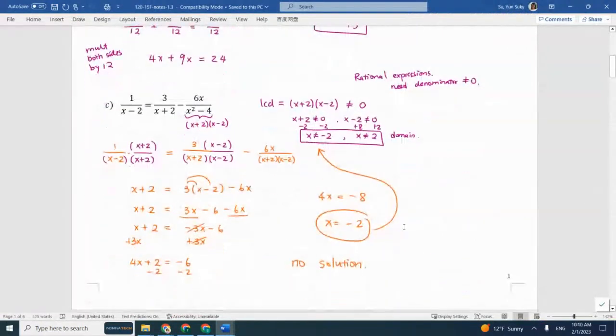But when we have rational expressions, which means the denominator has the variable x, in this case, you have to be careful. You need to look at the domain. Domain is the possible x values such that the expression makes sense. Denominator cannot be 0. So x cannot be those two numbers.